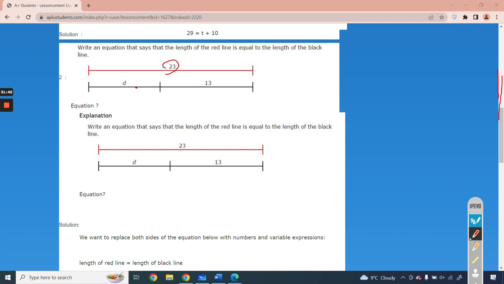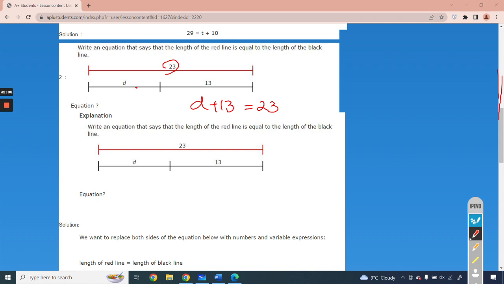So the complete length of the black line is d plus 13. In the question it is already mentioned the length of the red line is equal to the length of the black line. So d plus 13, the length of the black line, equals 23, the length of the red line. Got it? So it would be d plus 13 equals 23.